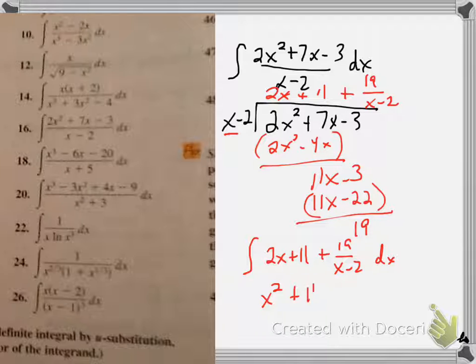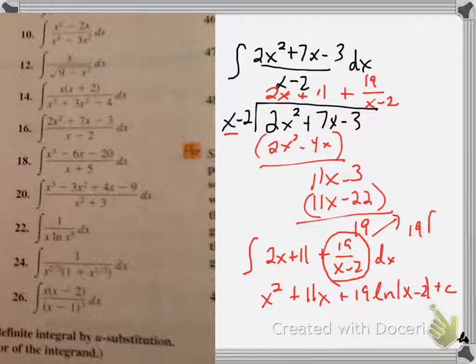The integral of 11 is 11x. The integral of 19 over x minus 2 is 19 ln of the absolute value of x minus 2 plus c. The 19 is just a constant, and the 1 over x minus 2 is where you get your natural log.